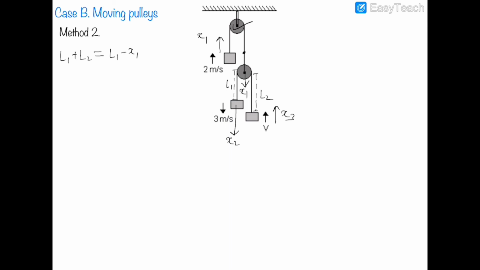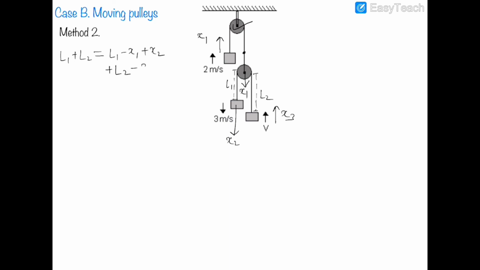But if this block moves downward by a distance x2, then this length will increase by a distance x2. So we need to add x2. Okay, plus now L2, and due to the downward movement of the pulley, L2 will decrease by x1.